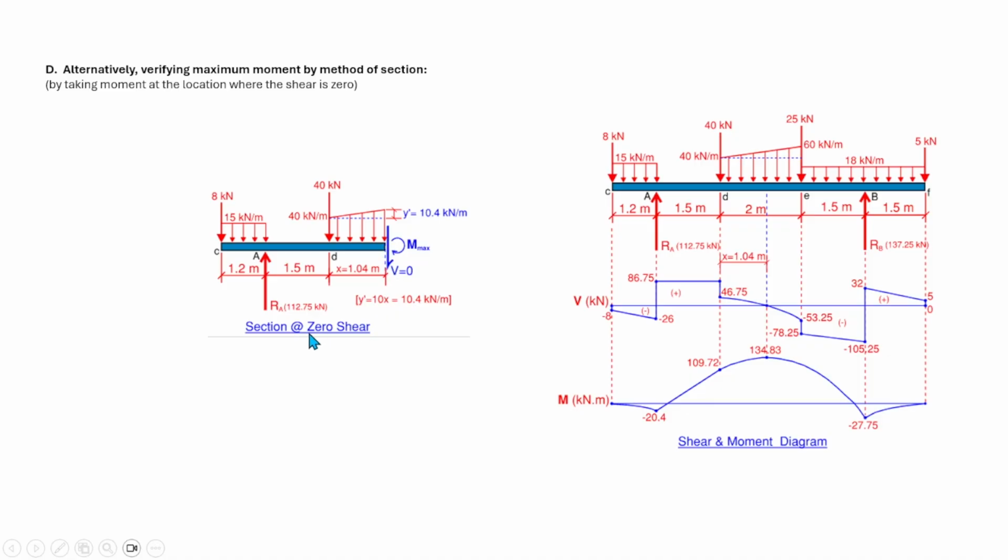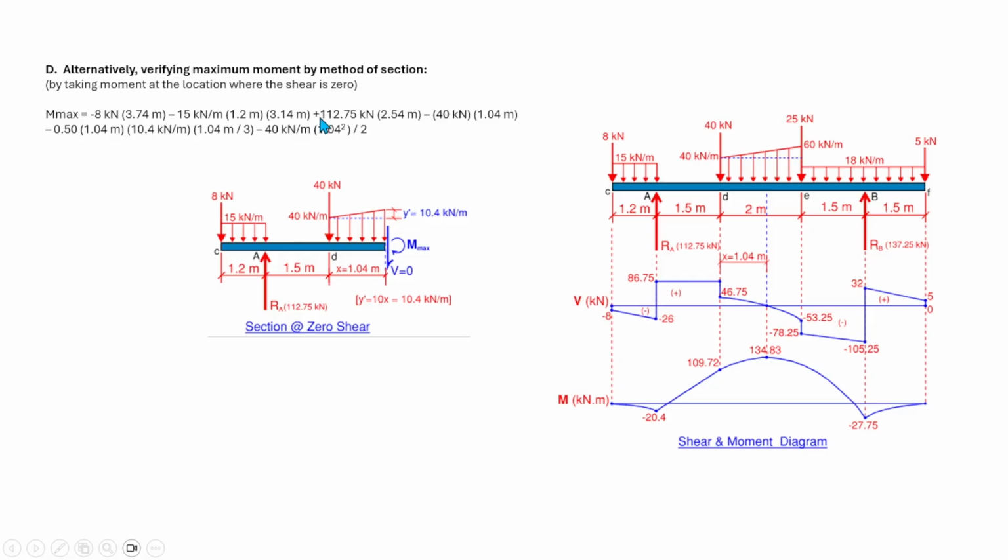So we have a section at 0 shear. To sum up moment at this point, we have negative 8 times 3.74, that's the moment arm from here to there, minus 15 times 1.2 times 3.14, the location of the moment arm of the 15 kilonewton per meter.